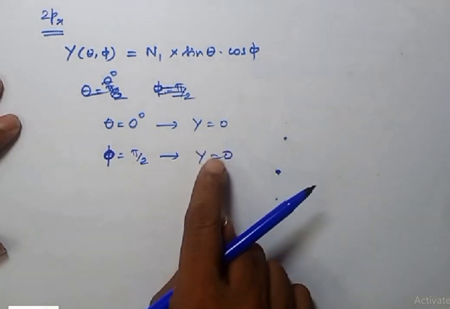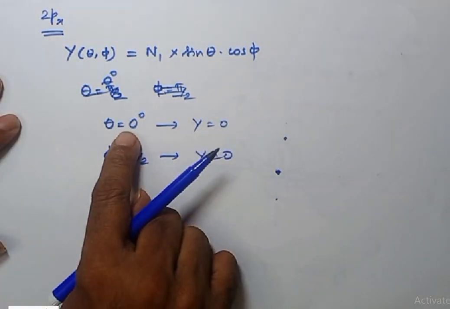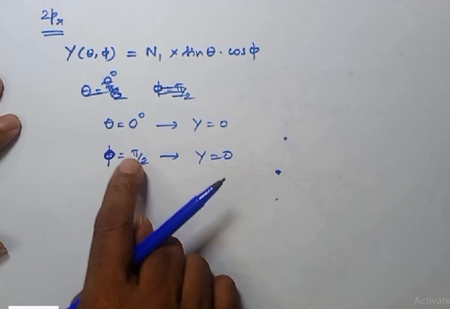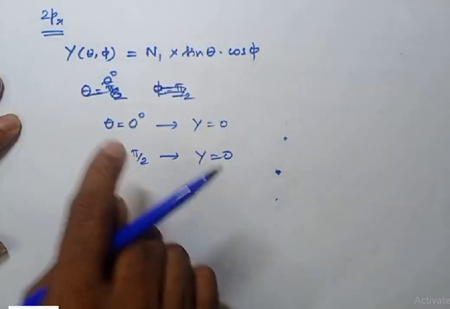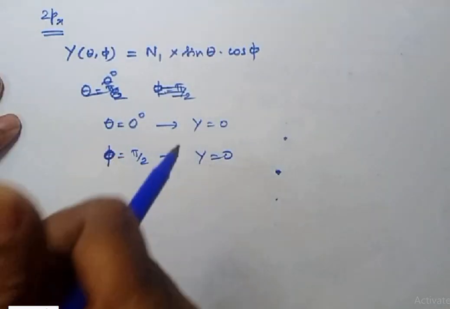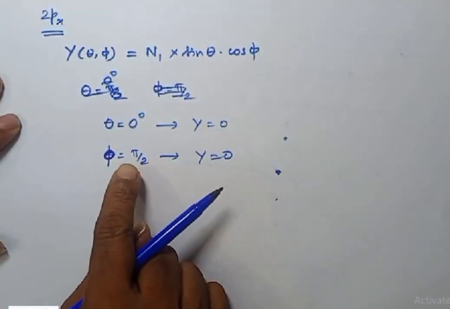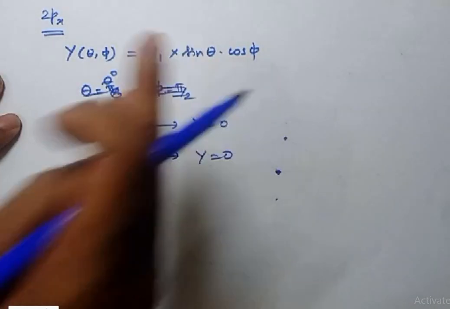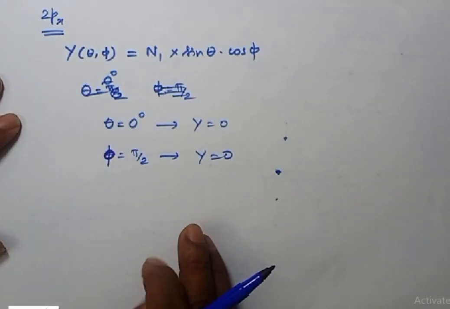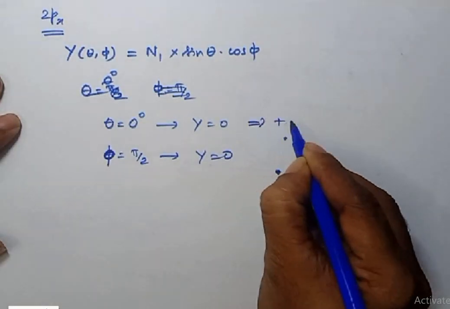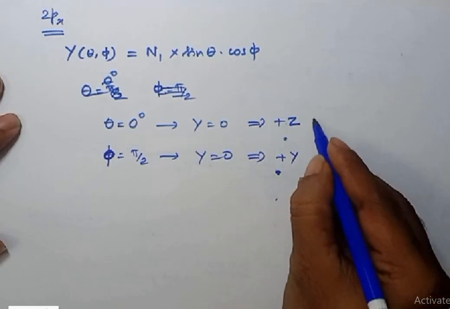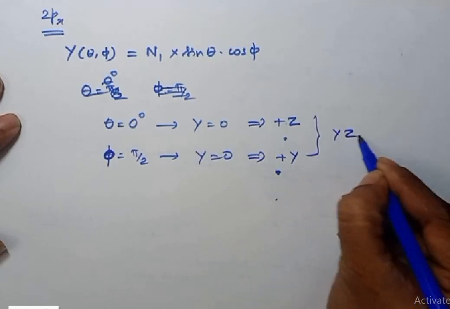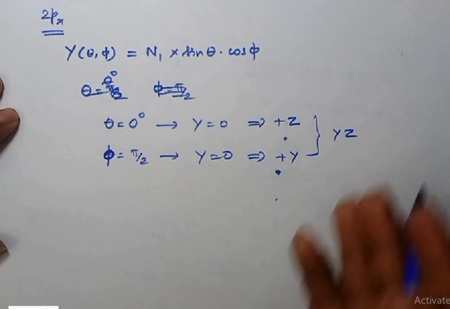So the wave function becomes 0 at theta 0 and phi pi by 2. Theta 0 means along plus z axis. Phi pi by 2 means along plus y axis. So this is called the plus yz plane. The yz plane is the nodal plane.